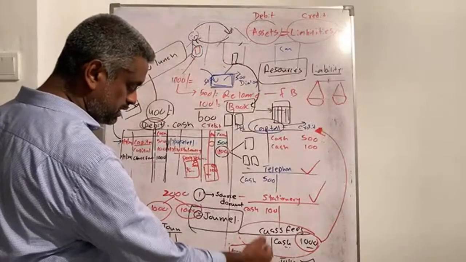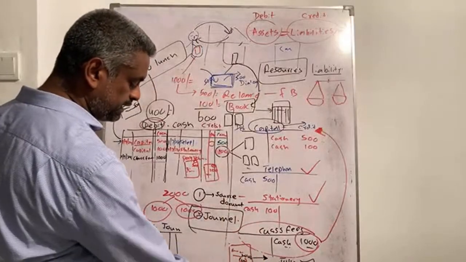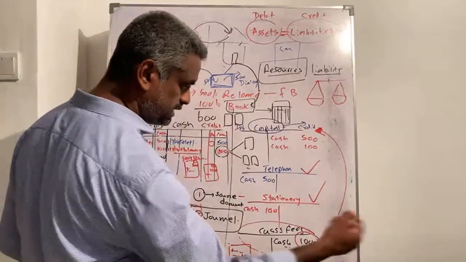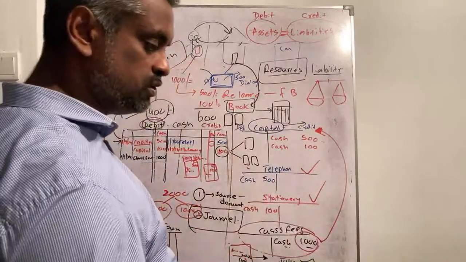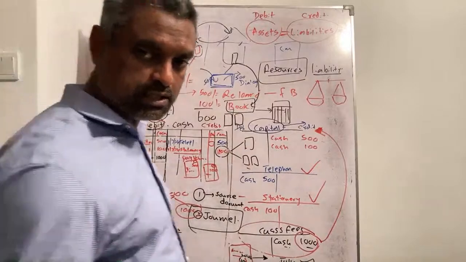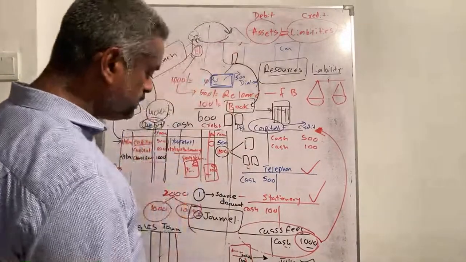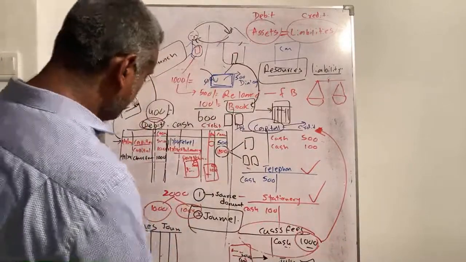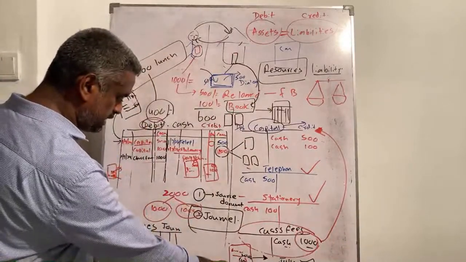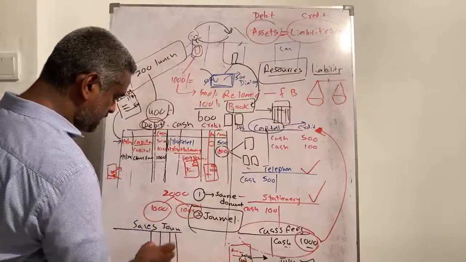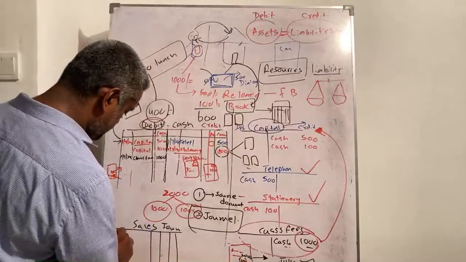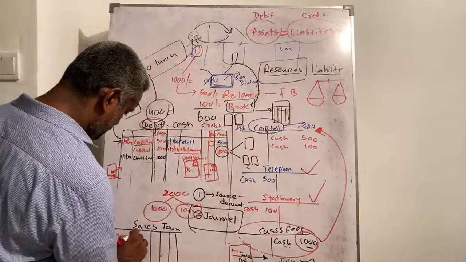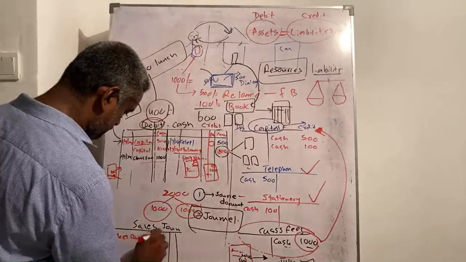Therefore, the other 1,000 is the debtor. That money you have to receive. You will receive that money in future, right? That debtor should be recorded in a proper manner, right? So we will record this entire invoice value in the sales journal, class fees, July.